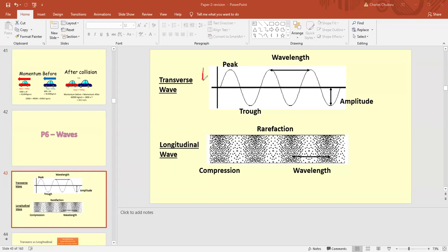So I could give you some examples. You throw a stone, a pebble in a pond, and the pond is still, right? So what will happen to the pond? The direction of vibration is up, down, up, down, up, down. Now, the stone has landed in the water. What do you notice will happen? Ripples will form.